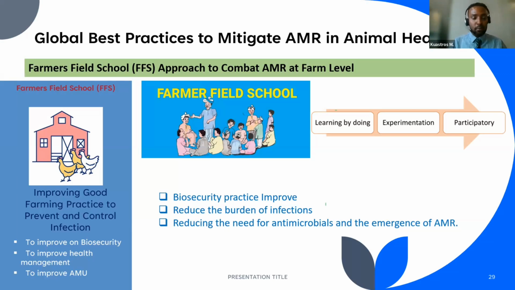This approach is very important to change behavior, because, as you mentioned in your previous brainstorming question, awareness or behavior is one of the driving factors. So changing the behavior changes the practice, and when you change the practice, the problem of infection will decrease, and so will the problem of AMR.